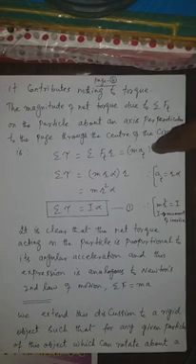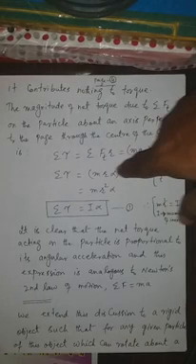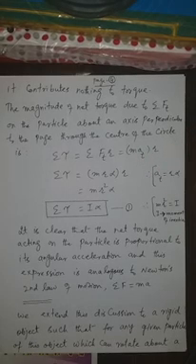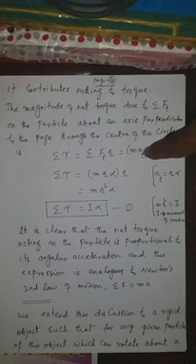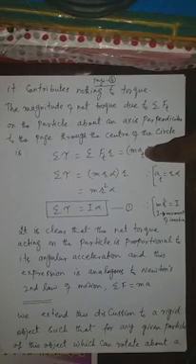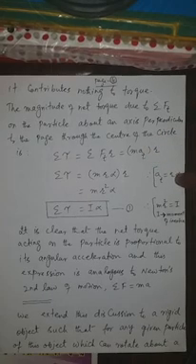So summation Ft into R will give m a_t into R, as by Newton's second law F can be replaced by the product of mass and acceleration. Tangential force will be having tangential acceleration. So tangential acceleration can be replaced with R alpha, as a_t is equal to R alpha.